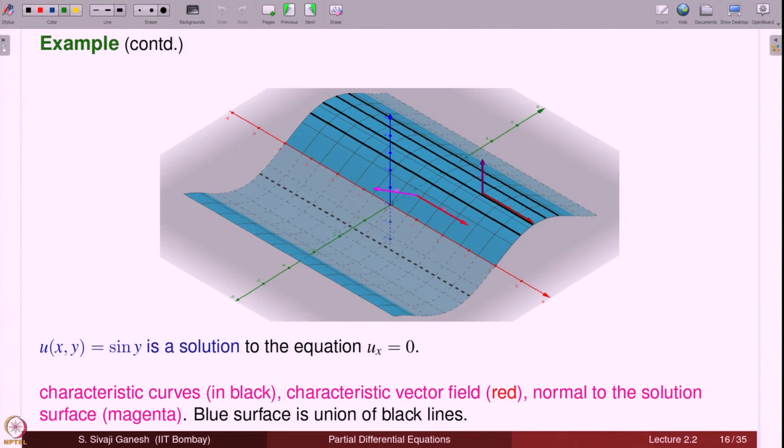The blue surface, this is just an observation and this is in fact also a general situation, we will show the theorem later on. The blue surface is the integral surface corresponding to the solution u(x,y) equal to sin y. So, z equal to sin y is this, that is the union of these black lines. You can think of one line that keeps on moving and you get the surface.